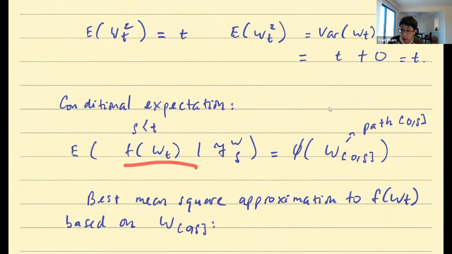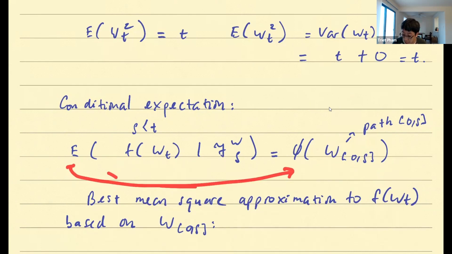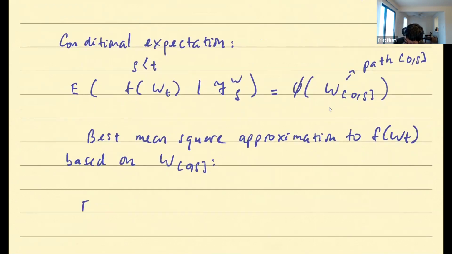Basically, it's a projection. You have some object that you do not have access to, and you have access to something else. You ask, based on this, what is my best guess, my best estimate? In the mean square sense, conditional expectation gives you a rule, a way to do that projection. We're not spelling out the rule exactly right now, but we're kind of defining it. Anyway, I just want to write the best property down.